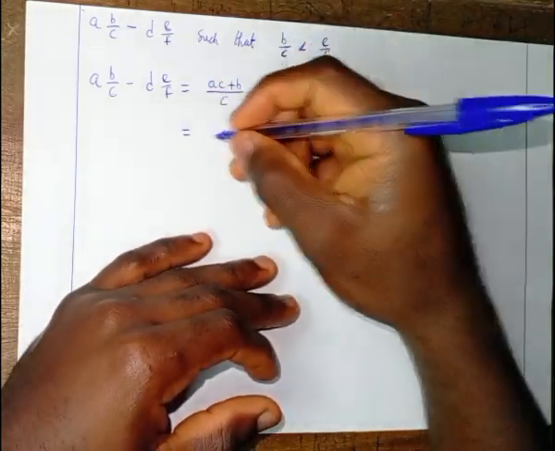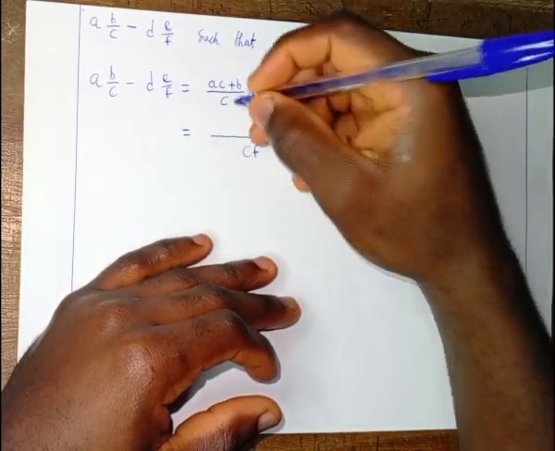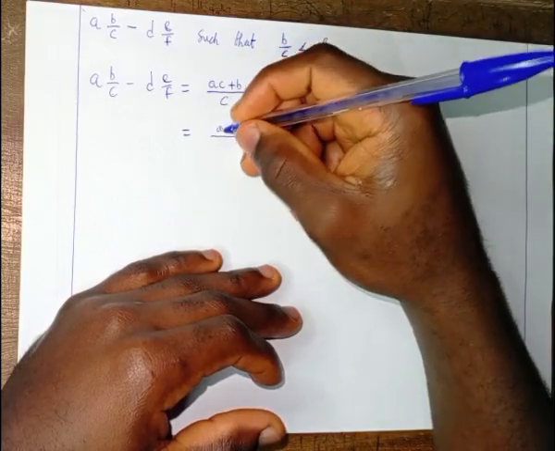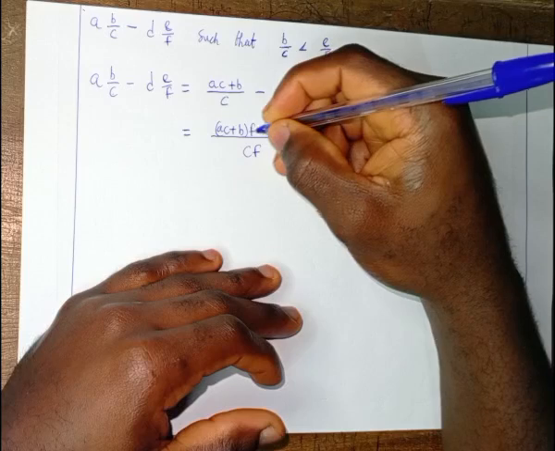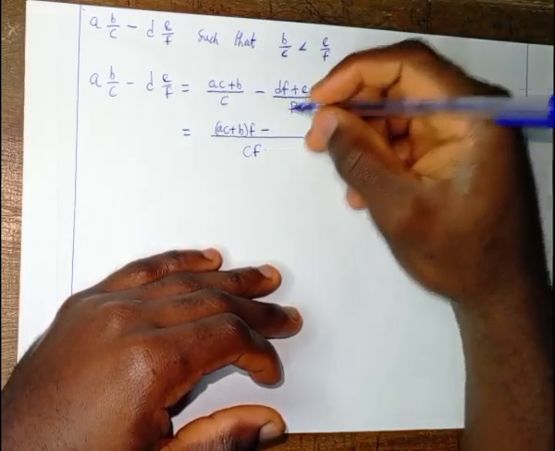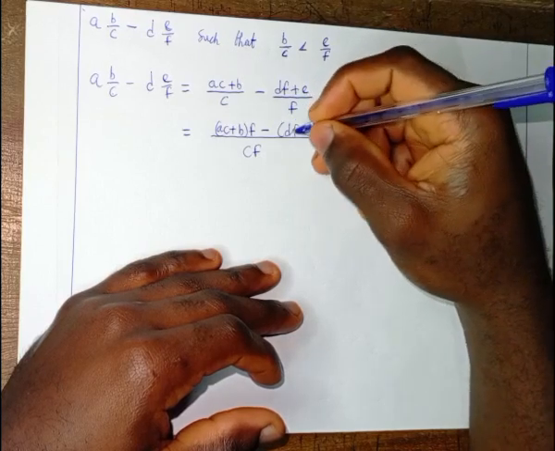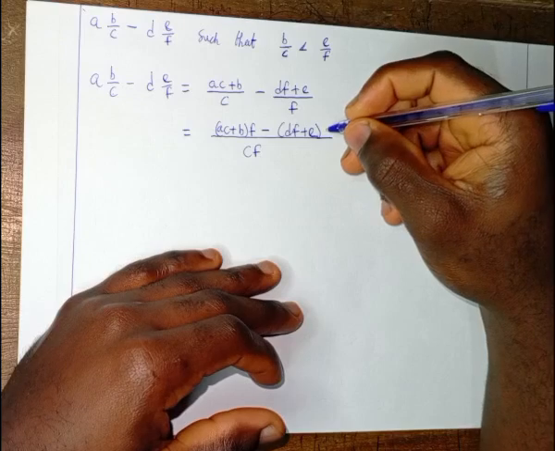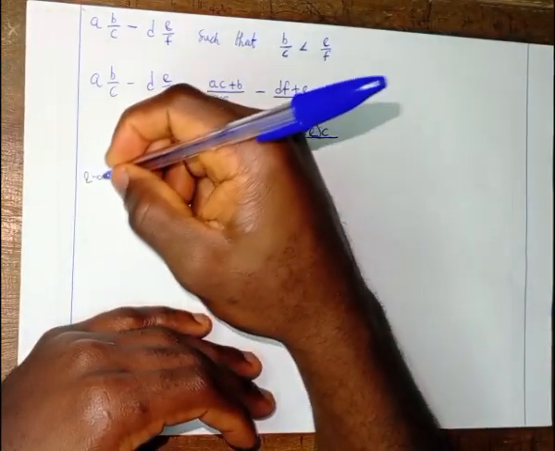The LCM will simply be cf. Take cf divided by c gives us f. We have to multiply f by this numerator. This will give us ac plus b times f. Bring down the operation sign, which is minus. cf divided by f gives us c. We have to multiply the numerator, which is df plus e, by c. Let's take an example, e.g.